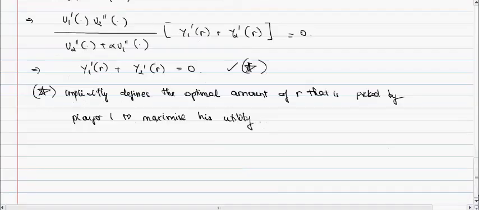Alright, and the question wants you to show that this amount is going to be a function of the income of both the parents and the child.